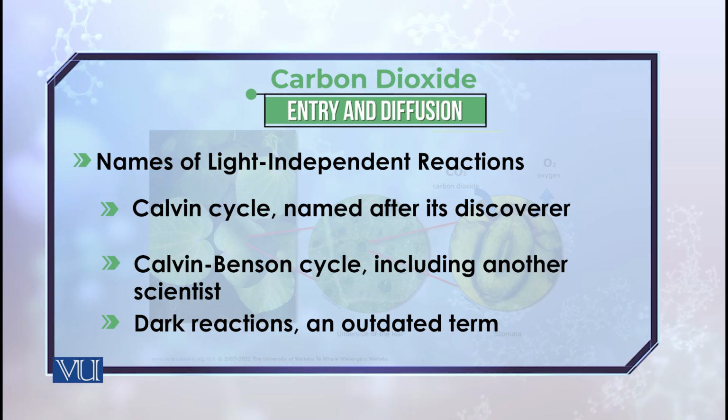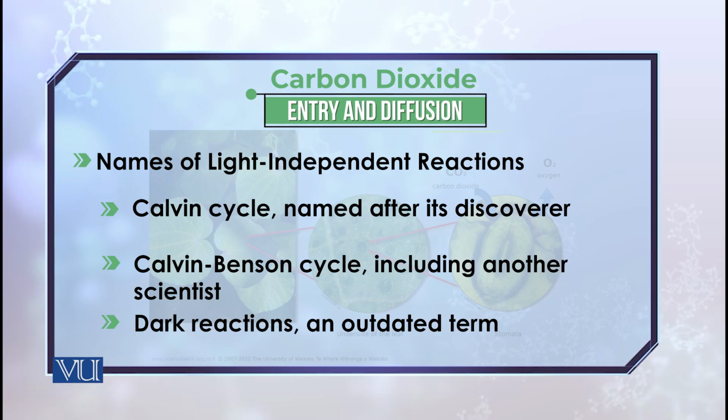And some people also say dark reactions, but now it is almost an obsolete term. It's not used, because students usually get confused that because it's dark, maybe it only takes place in the night and not in the daytime, which is absolutely incorrect.